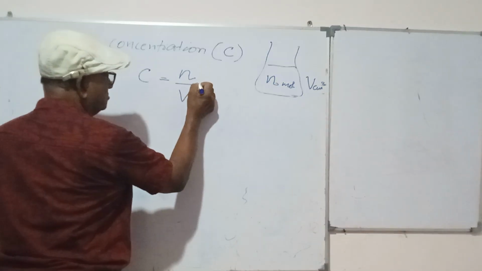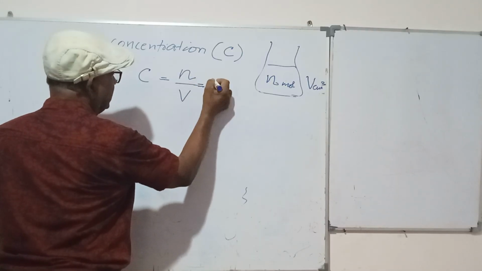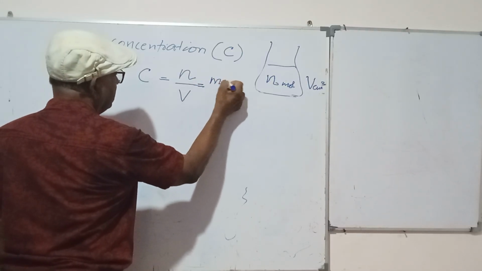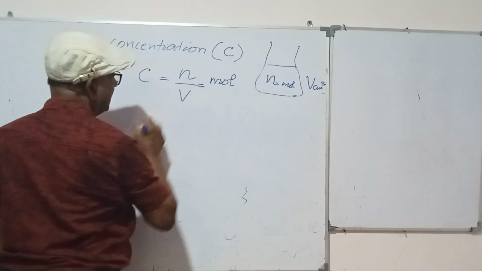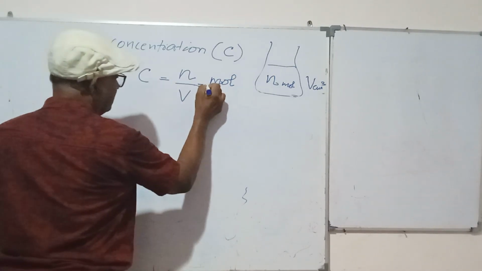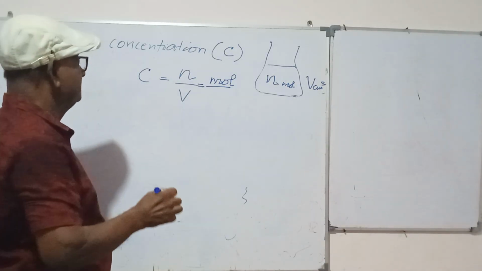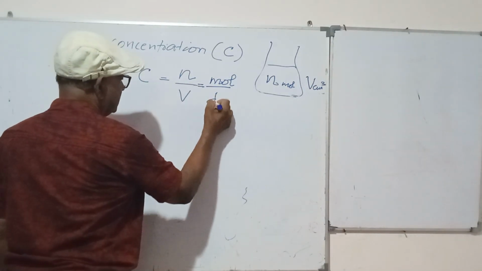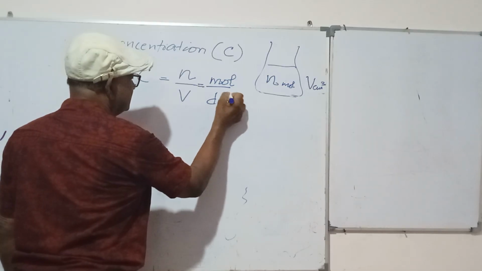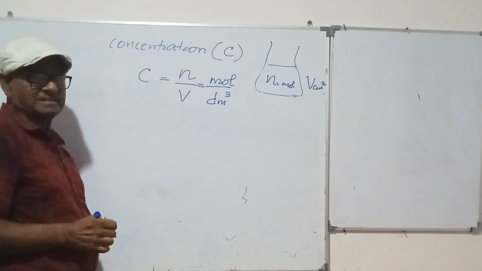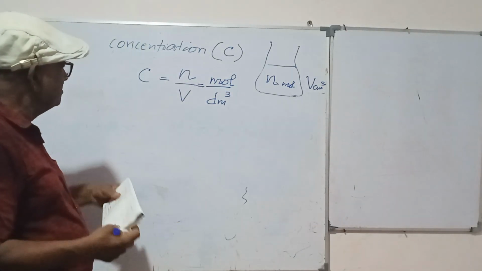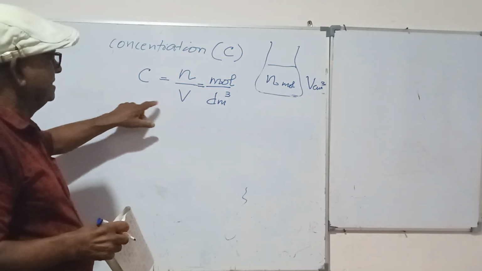So what units should be taken? N in moles, mol. V should be taken in cubic decimeters. Then what do we mean?